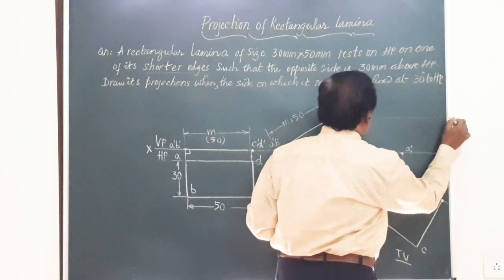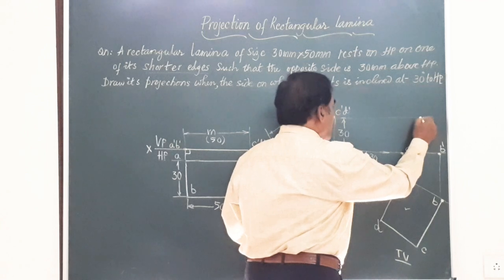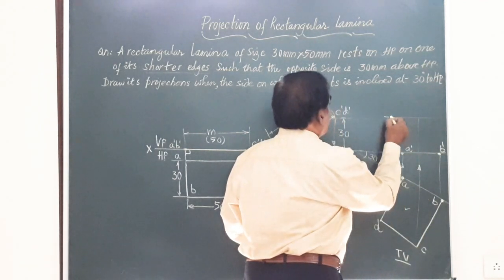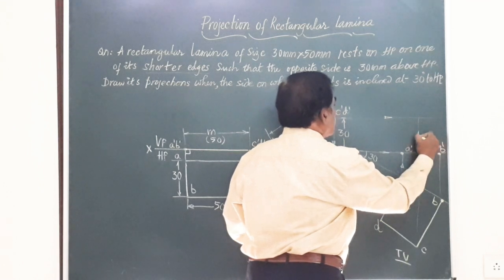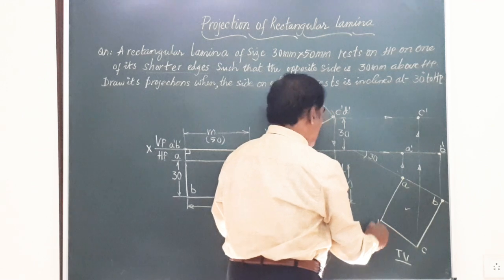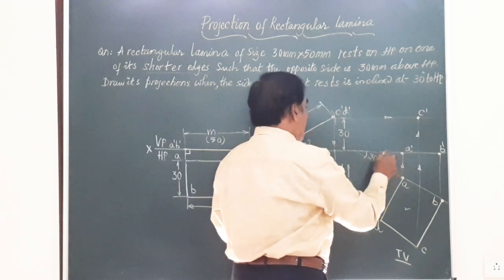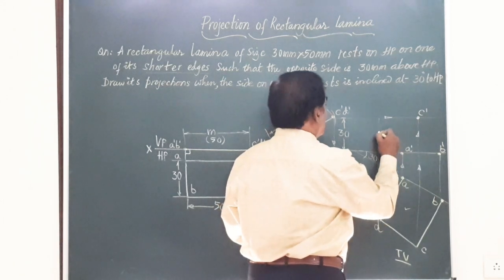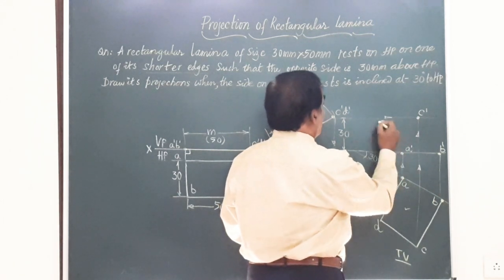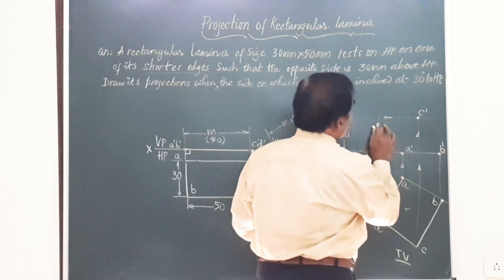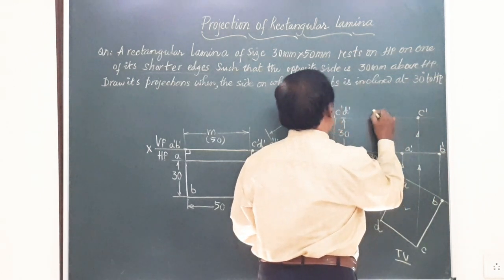C and D should lie on this. Draw a vertical line from here, vertical line from here, a horizontal line from here. The point of intersection of these two will give you C dash. Finally, vertical line from D, horizontal line from D dash, they will meet somewhere here. See, so this is going to be your point D, A dash, B dash, C dash, and this is going to be the point D dash.